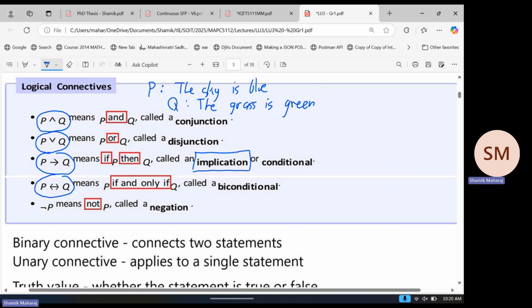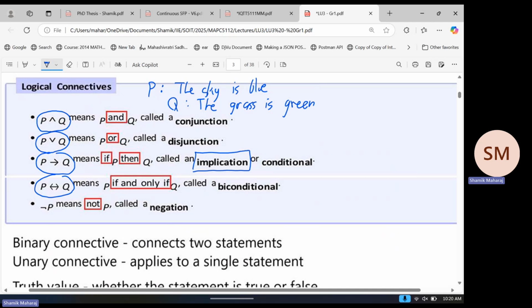Maybe it's not as bad as I thought it was. Okay. The sky is blue if and only if the grass is green. I'd literally just read it as it's written here. Yesterday there was some confusion with things like "if and only if the sky is blue, then the grass is green." It was just getting messed up. And then I started getting confused, but anyway, it's not as bad.